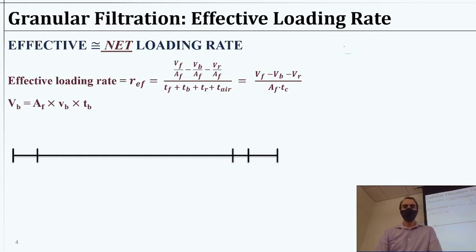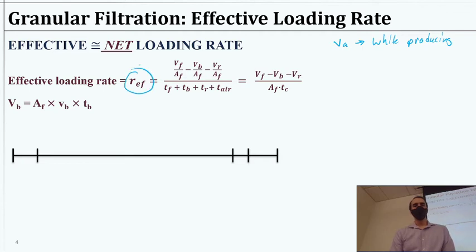So say our loading rate VA is while producing water. This new term, what we're going to call REF, so R effective, is if we average the production we get over this whole cycle time.